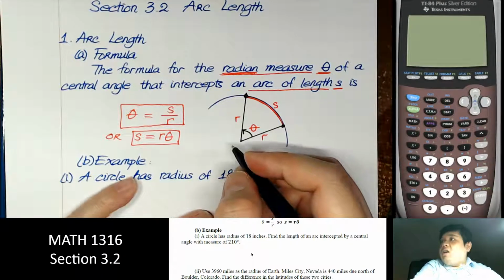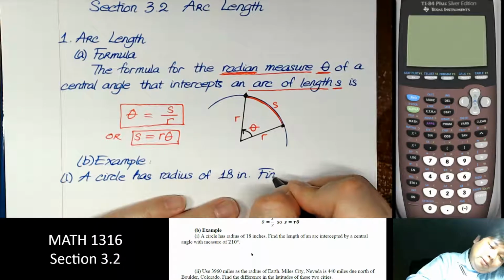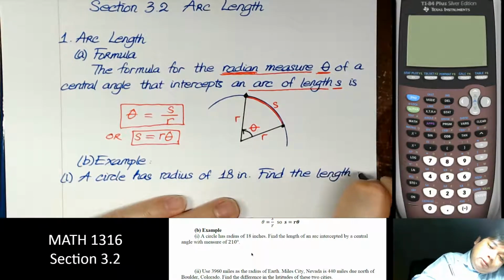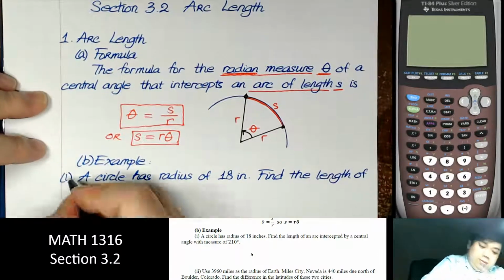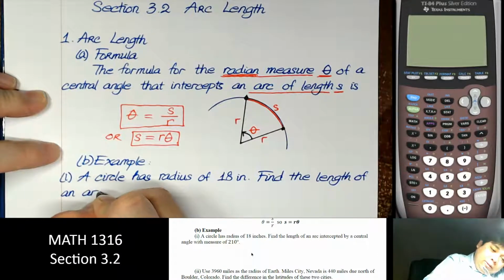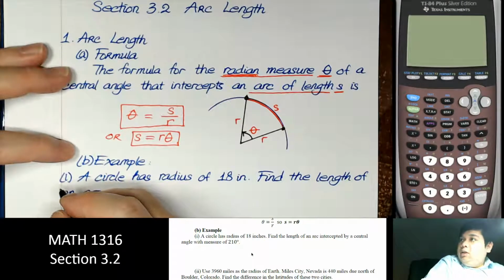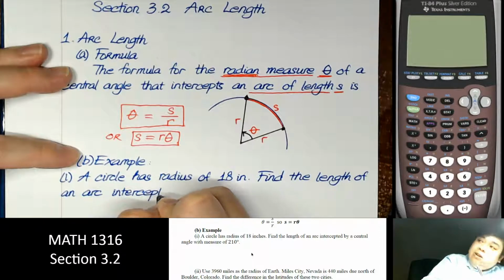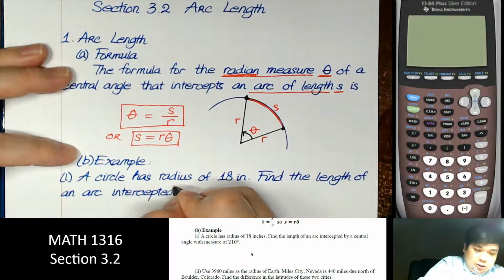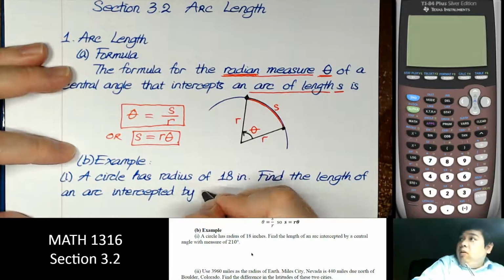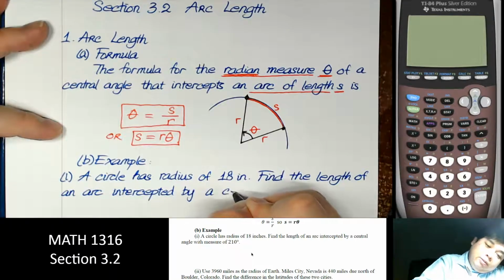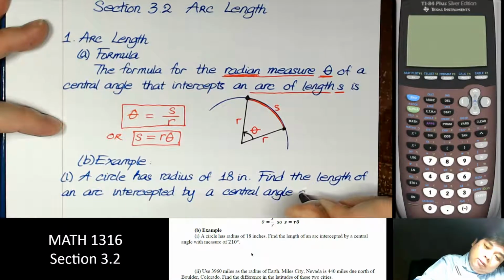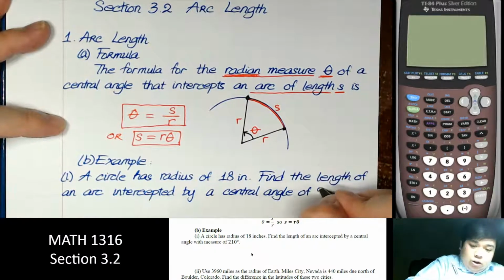Find the length of an arc intercepted by a central angle of 210 degrees.